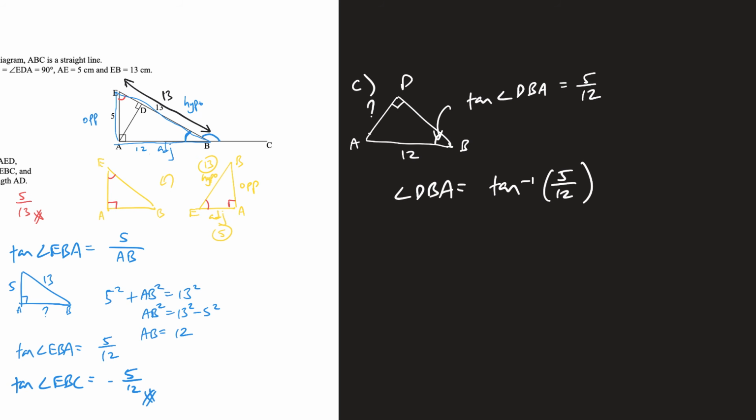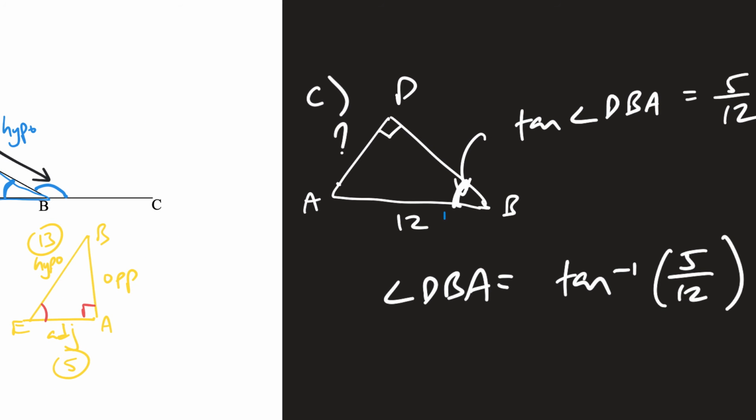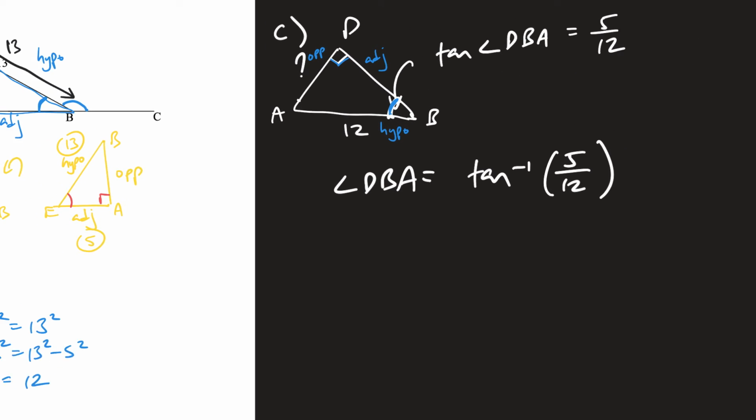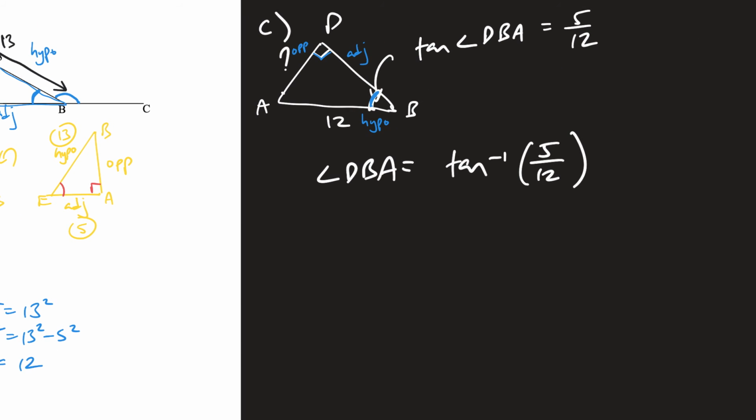For this angle, I can note that this is my hypotenuse. If this is the angle and this is my right angle, this would be my opposite, and this would be my adjacent. To really see it, I have to rotate the entire triangle upside down. You can turn your head and look.